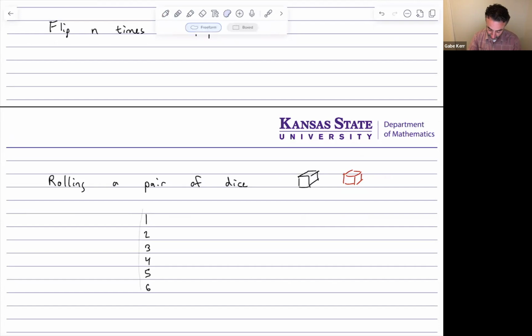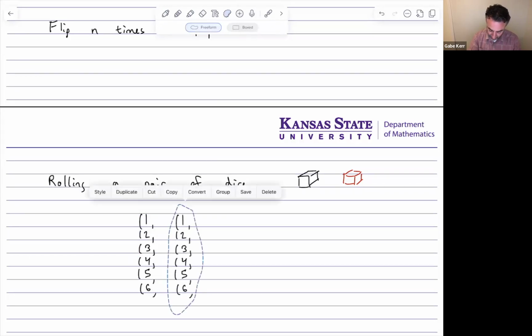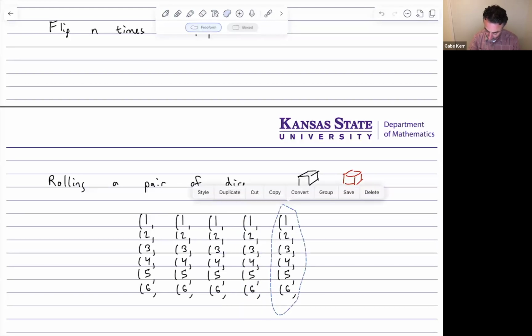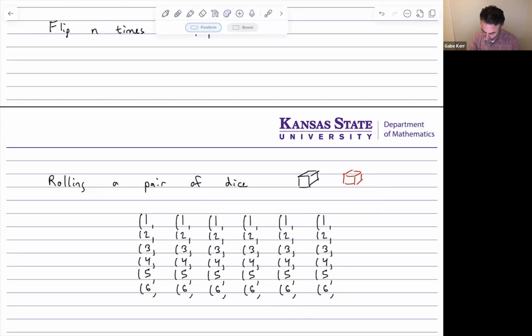So here, in the interest of making this efficient, we'll take this collection and just duplicate it for each possible number that we can get for the red flip. So I've got 5, I need one more.